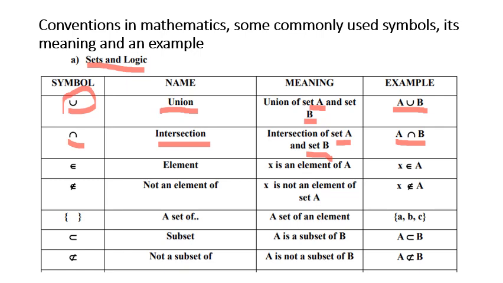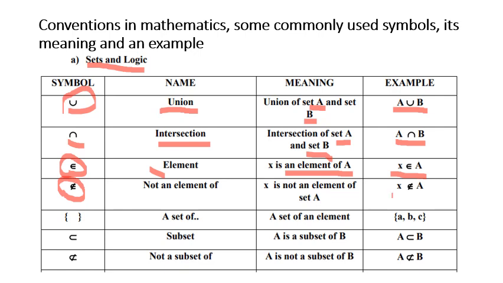And then this symbol, which looks like a curved E, is element. So X is an element of A. That is how you read this. Okay? And when there is a slash, which in math usually means not, it means not an element of.